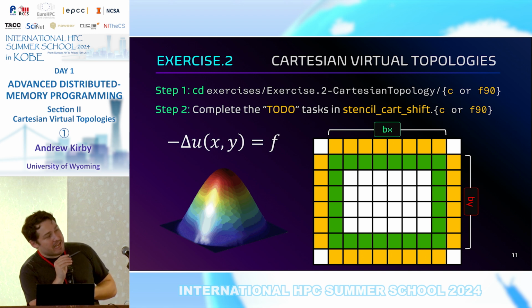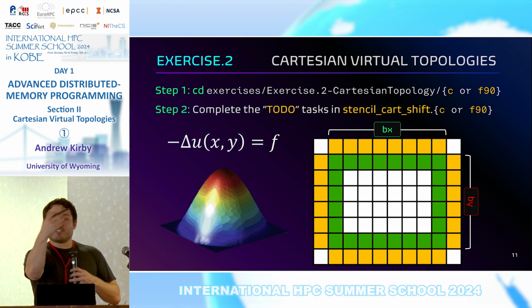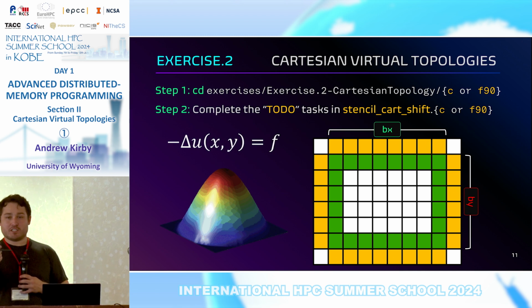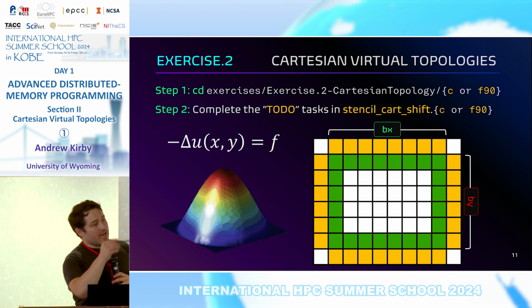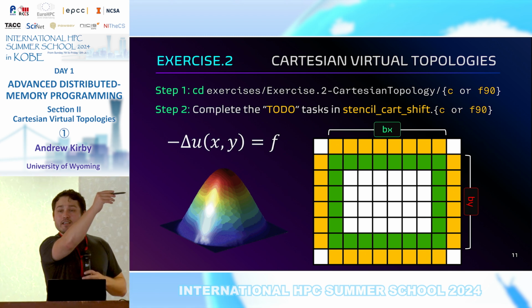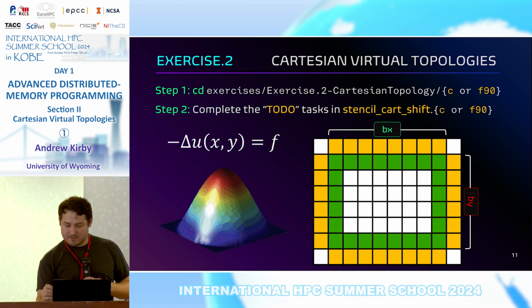There are bx green elements across the top in the x direction, but we actually save a grid that is bx plus 2. That's our 2D array. And then also in y, it's by plus 2. So this grid, bx plus 2 by by plus 2.